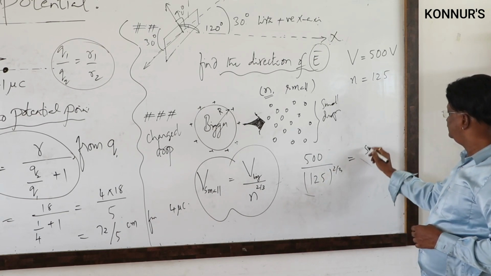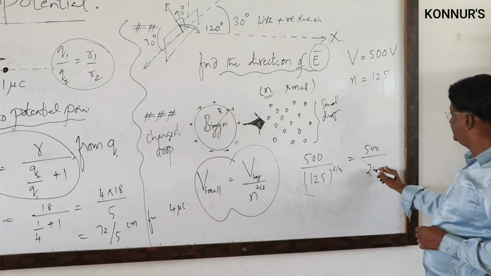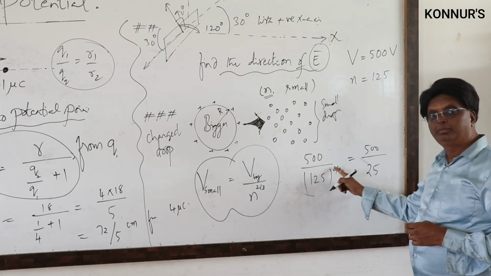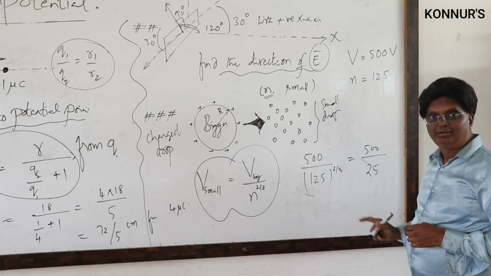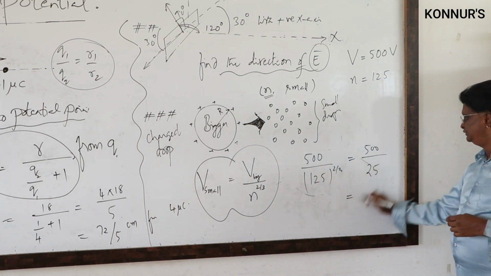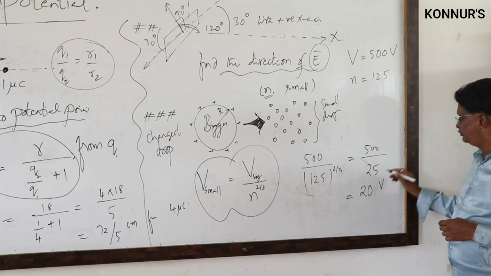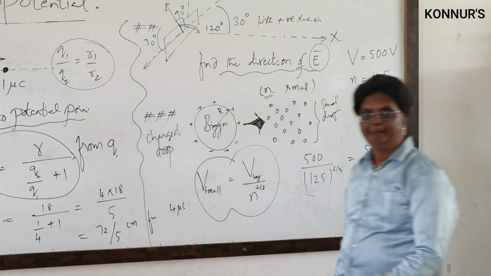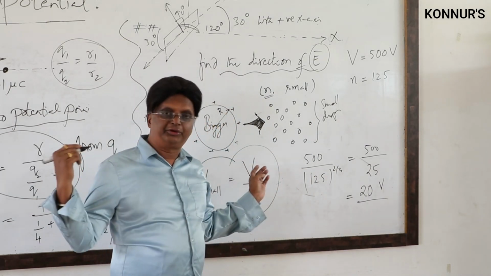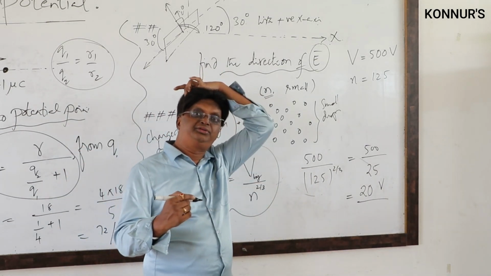So this is 500 by 25. Now don't call me for this, 125 whole power 2 by 3 is 25. So 500 by 25, it will be 20 volt. The key point here is the potential expression that you have been given for a spherical charged shell.